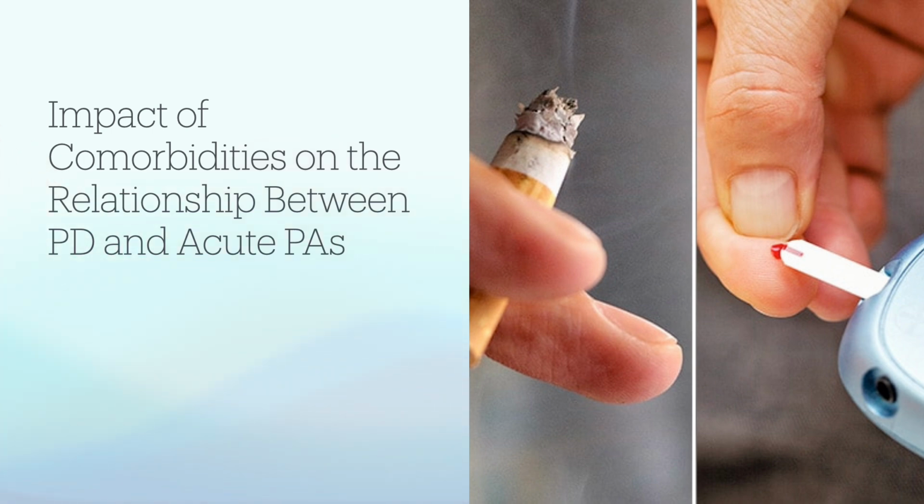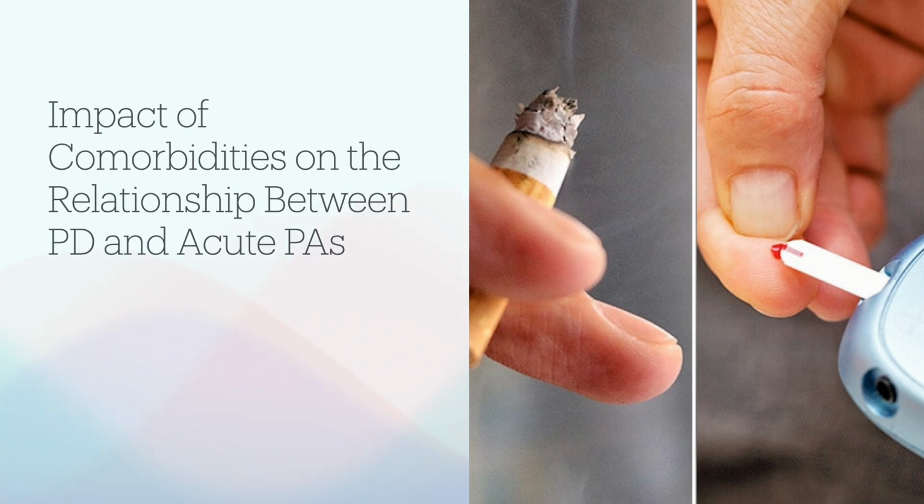Diabetes can heighten inflammation and impair healing, while smoking alters oral flora and reduces blood supply to the alveolar bone. Even after adjusting for these factors, the study found that the association between PD and acute PAs remained strong, indicating that PD can independently contribute to the development of acute PAs.